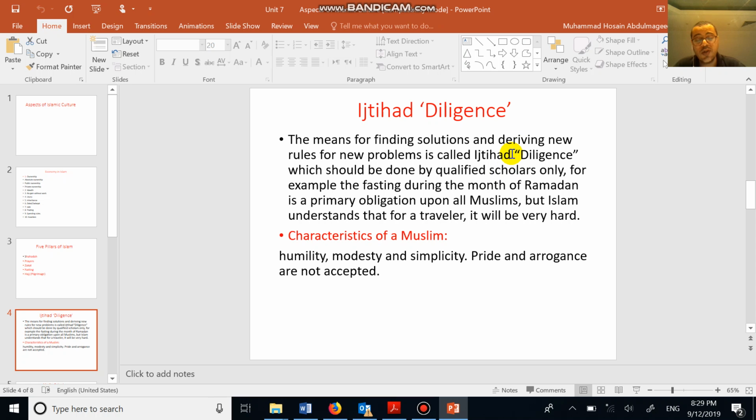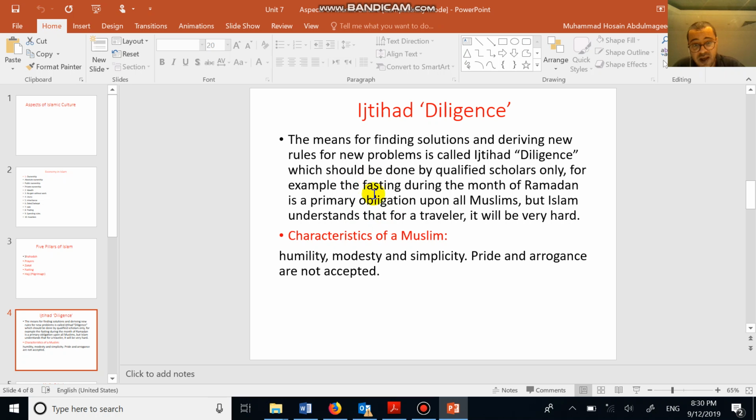Now the new rules should be related to the Holy Quran and the Sunnah. So you have to understand the Holy Quran first, you have to understand the Sunnah and the behavior of the Prophet Muhammad ﷺ, and then the behavior of the Sahaba, and then you derive the rule. You don't make a new rule from nowhere. It has to be related to the Quran and the Sunnah.